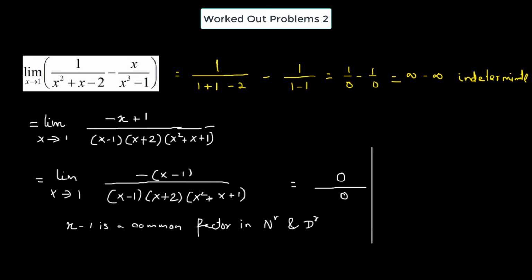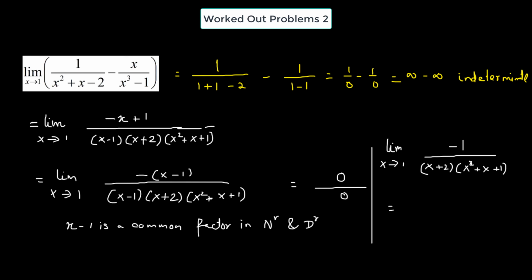limit x approaching 1. So we have -1 because we have already cancelled out x minus 1 from the numerator and the denominator, and we have x plus 2 times x squared plus x plus 1 in the denominator.